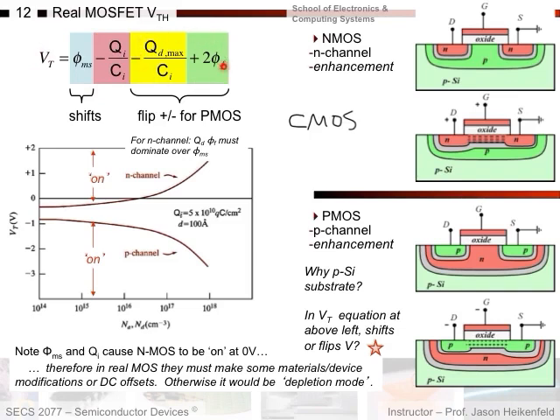How do these change? Well, Q sub D over C sub I will instead transform to Q sub A over C sub I, and it will now have a net positive sign because I can keep it in the equation like this, okay?